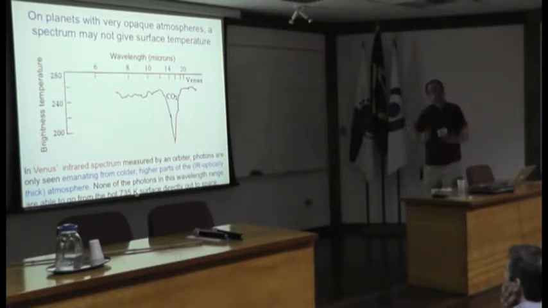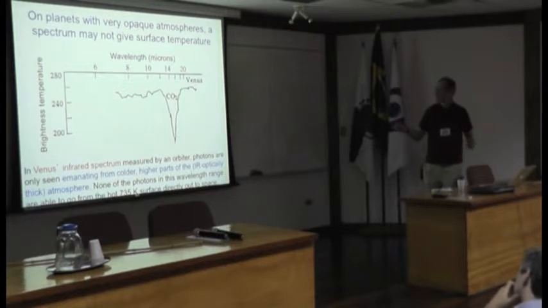Because it's so optically thick, we can't see the surface. All the infrared photons are absorbed, emitted, absorbed, emitted, and finally it becomes optically thin at temperatures of 250 Kelvin up here, or even in the CO2 band, which is even more optically thick, we're seeing temperatures which are down here at 180 Kelvin. So we can't see the surface.